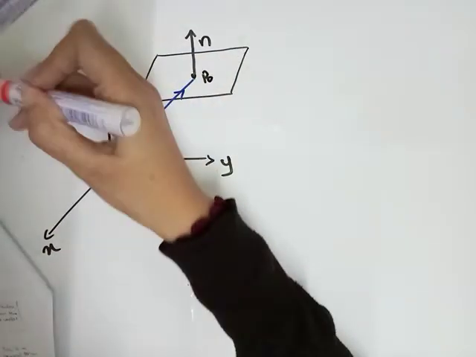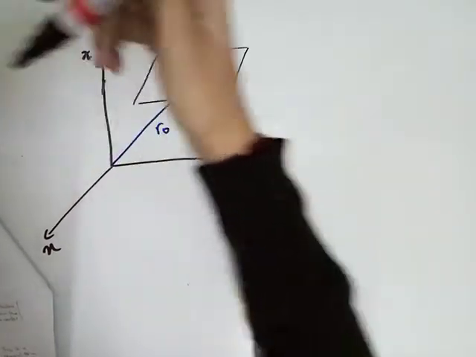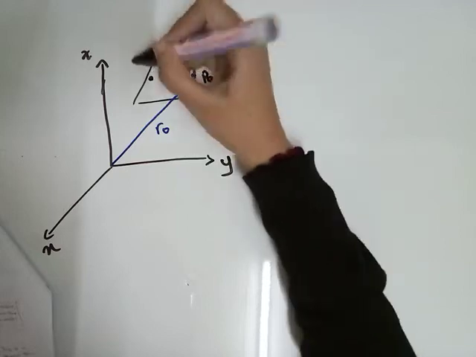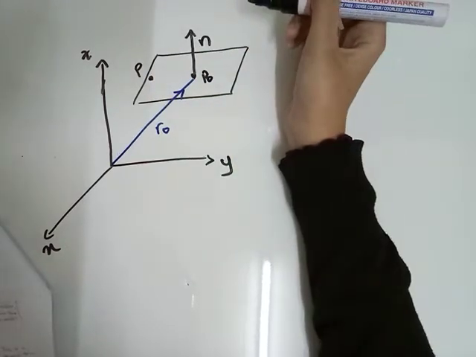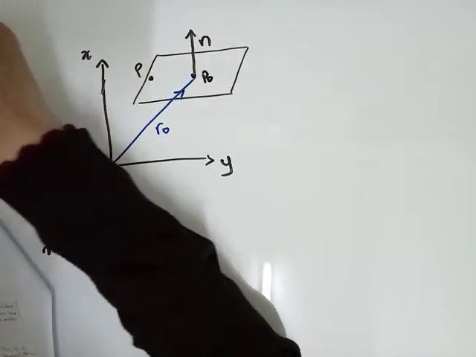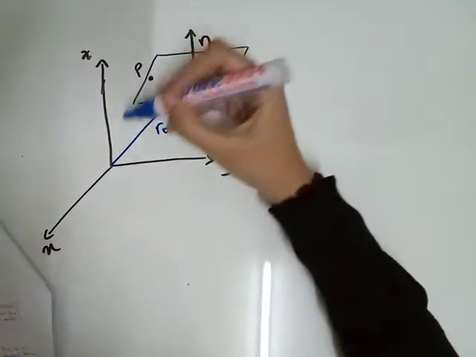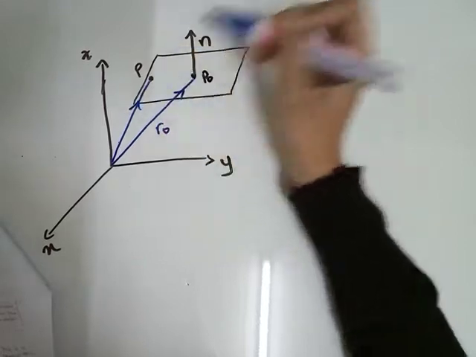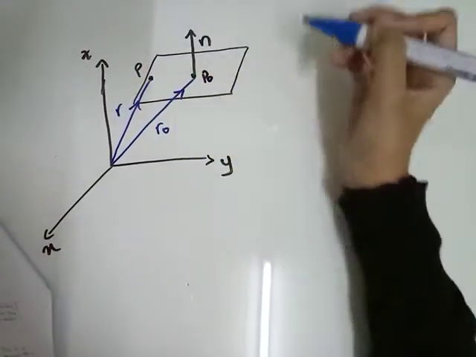Let's say we have another point here, which we call P. For point P, we have a position vector, which is r.